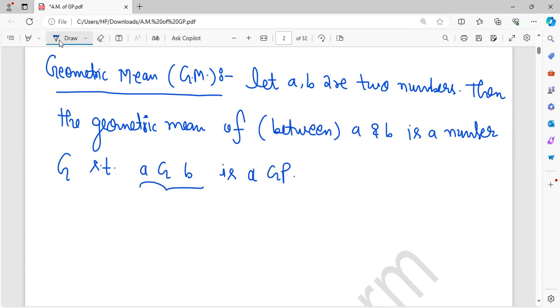So two numbers A and B are given, and a number G between A and B such that A, G and B are in a GP.